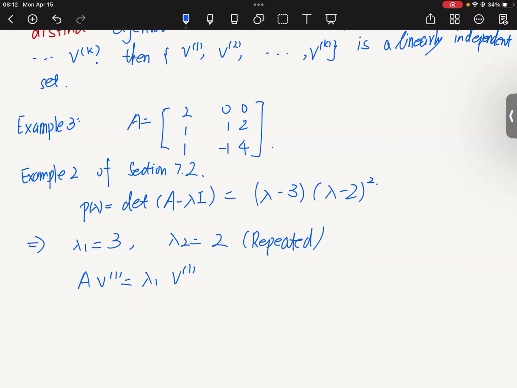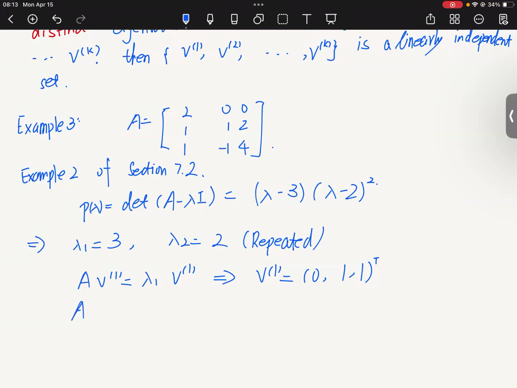So let's see. Corresponding to lambda 1, we have V1, and V1 is just (0, 1, 1) transpose. I use a transpose here because usually we represent vectors as column vectors.